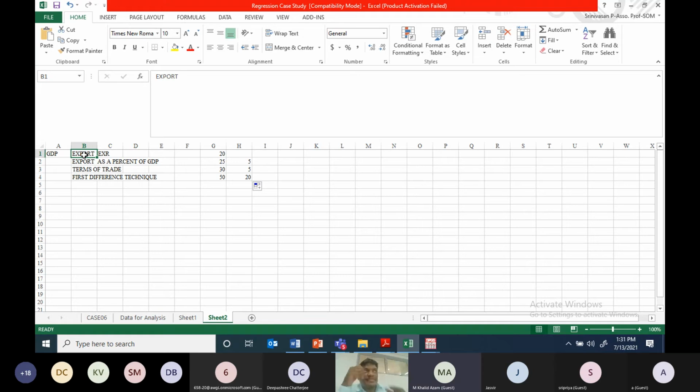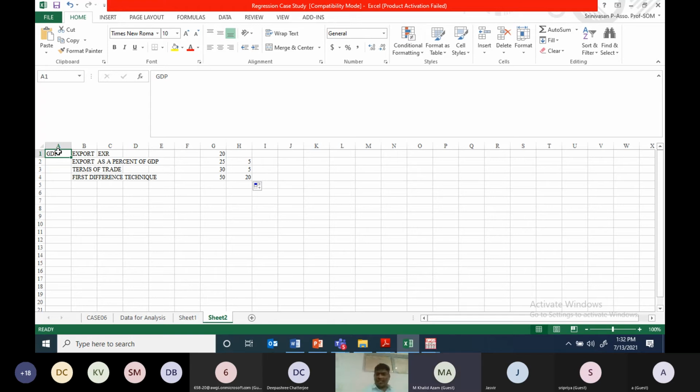But you should have some support, some author who may have done it. Use this particular variable, and you can quote it there. For my case, I'll tell you one paper which I have done. Instead of GDP, I have taken a proxy variable, IIP, and I quoted that I used IIP as a proxy for GDP.